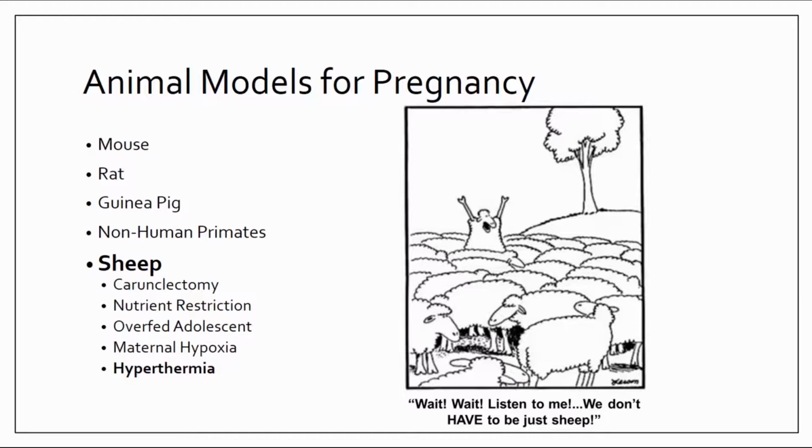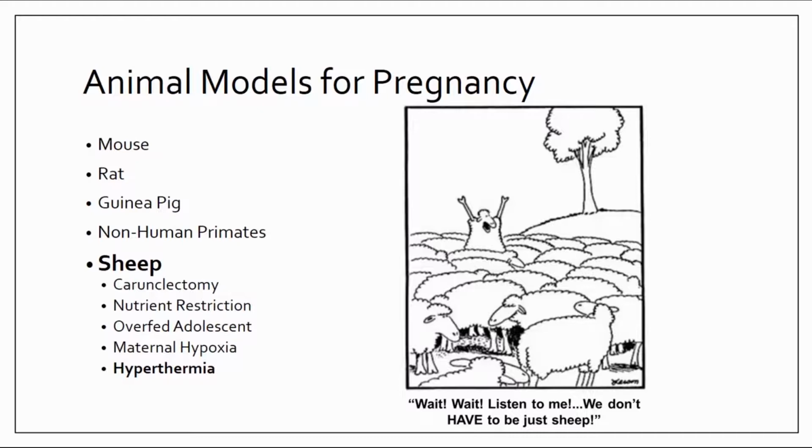However, they're altricial, meaning that most of their development happens postnatally, or aspects of their development will happen postnatally. So they may be limited in what we're really looking at unless you include lactation into your growth restriction or understanding the pregnancy. In addition, you can genetically modify, you can do a lot of important transgenerational studies, but you are limited at actually looking at the metabolic flux within the placenta or across the placenta and within the fetus.